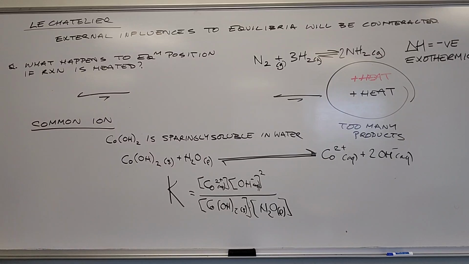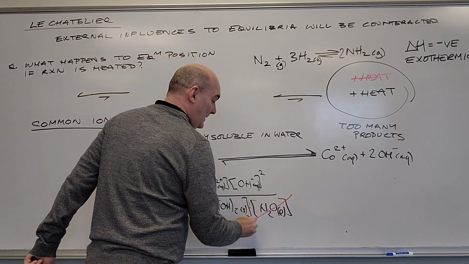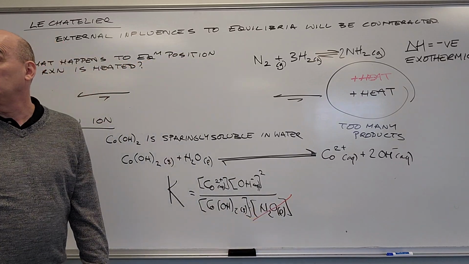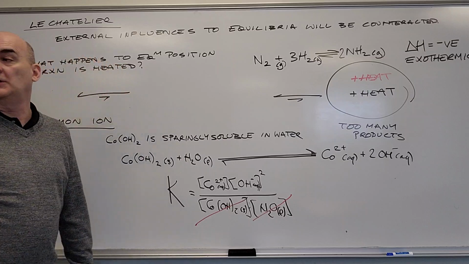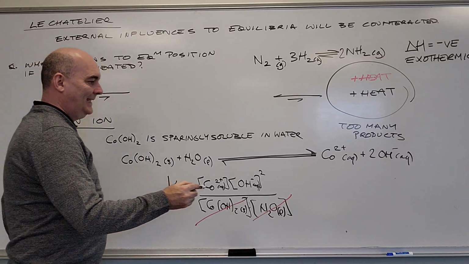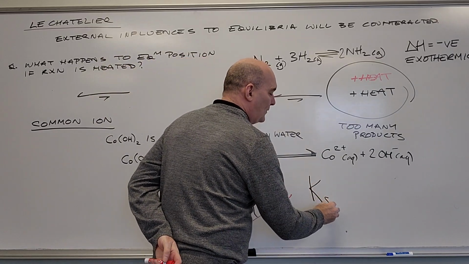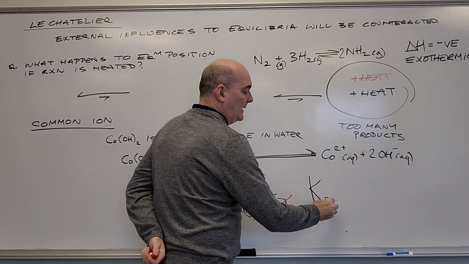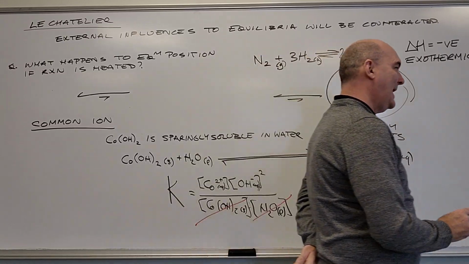But liquids don't have concentration. Solutions do. Solids don't have concentration. Solutions do. So this is a K that is specifically for soluble species, and it's called Ksp.